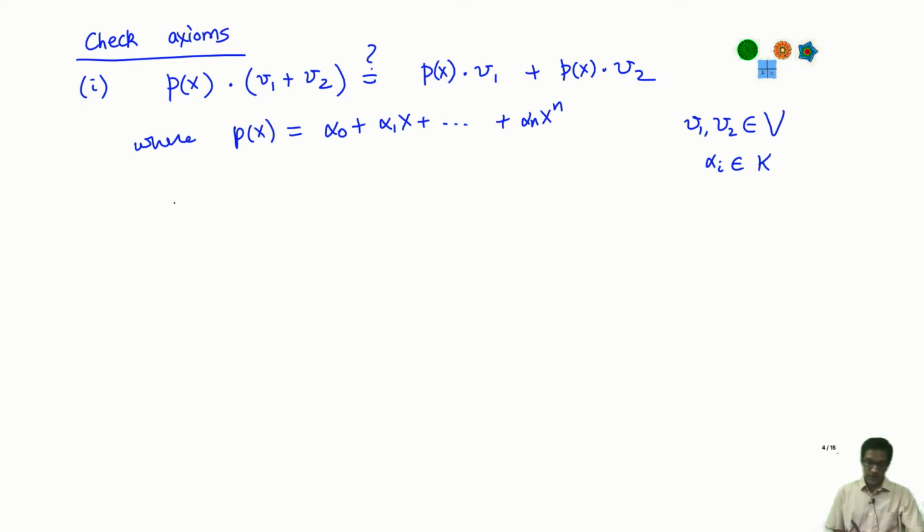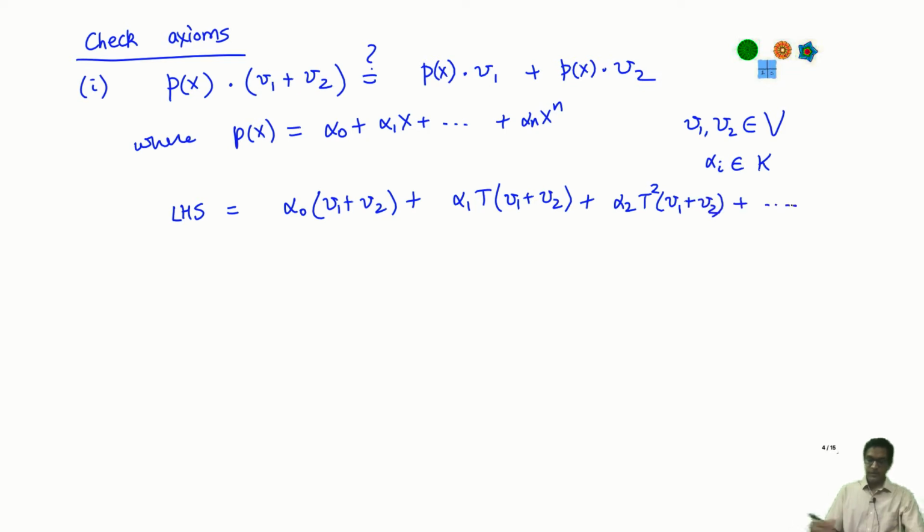So observe the formula that I wrote out. What is the left hand side? This is just going to be alpha naught times v1 plus v2, plus alpha 1 T acting on v1 plus v2, plus alpha 2 T square acting on v1 plus v2 and so on, till I reach the nth term.